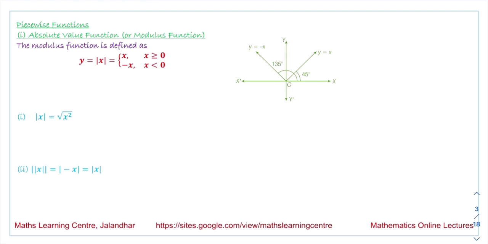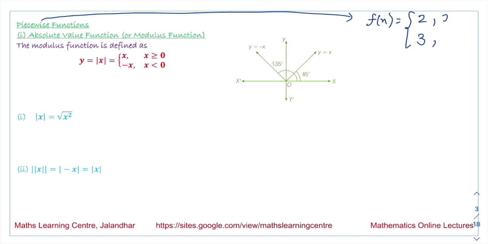Piecewise function means, suppose a function is given, we are saying f(x) is equal to 2 or 3, it is taking two values. It is 2 when 0 is less than or equal to x is less than 1, and 3 when 1 is less than x is less than or equal to 2.